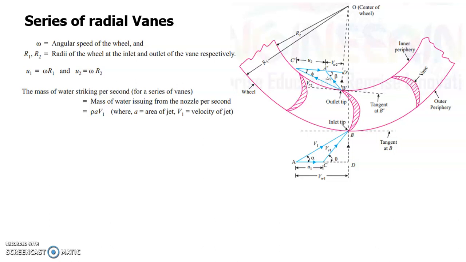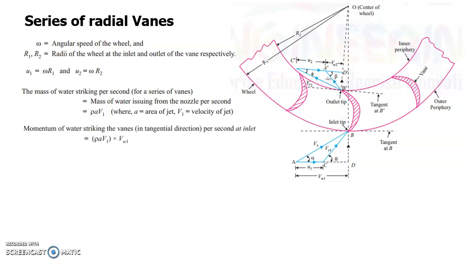So, it's rho into A into V1. But in the earlier cases, it was rho into A into relative velocity VR1. But at any time, one or the other vanes will be in contact with the jet, hence it is V1. V1 is velocity of the jet at inlet, and A is area of the jet.